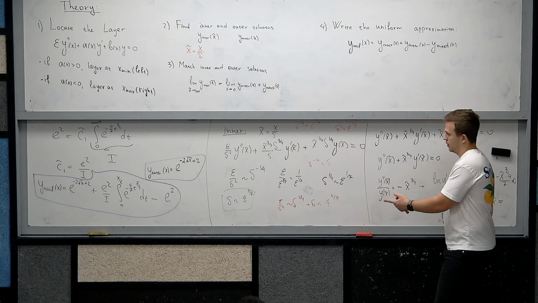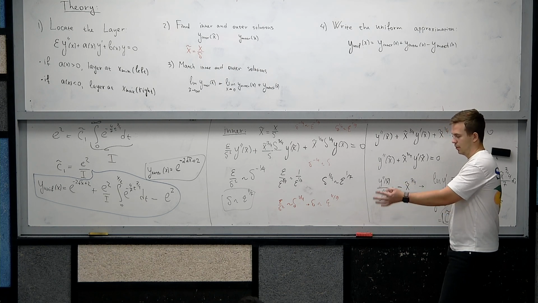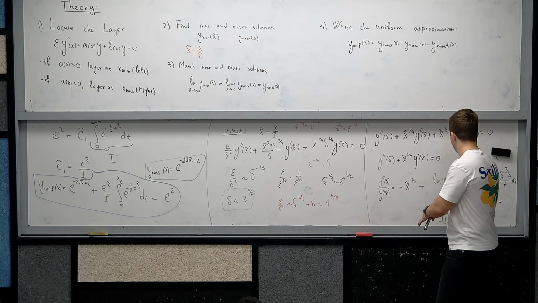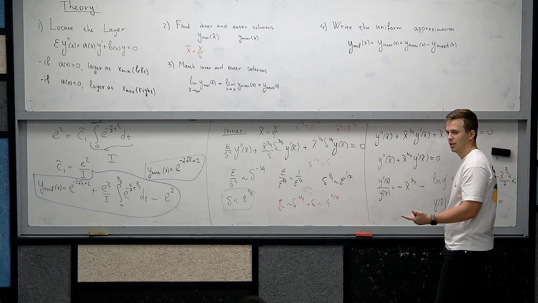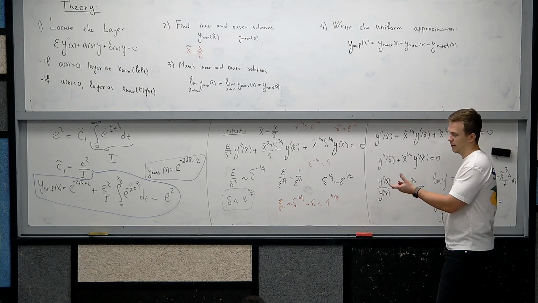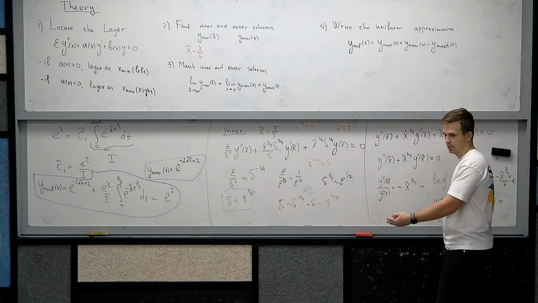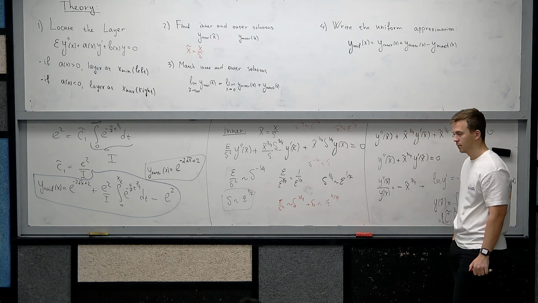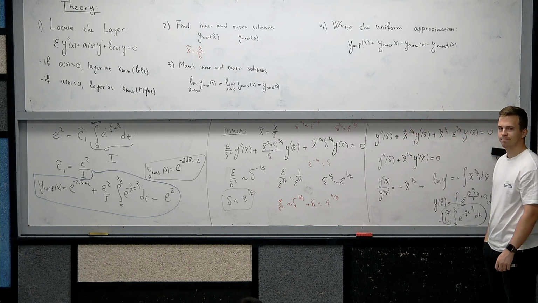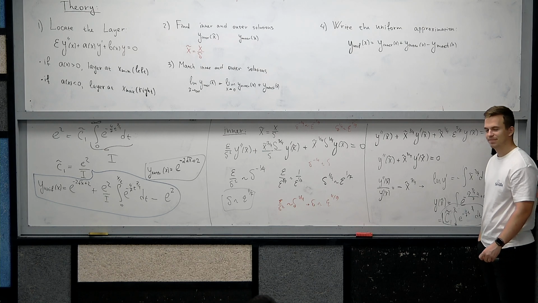If you try one and everything is fine and you found the solution, for a second order equation there should be two solutions. If in your answer there is only one solution, it means that probably you can find another dominant balance that will provide you another solution. That's the main point. Great, thanks. Thank you.